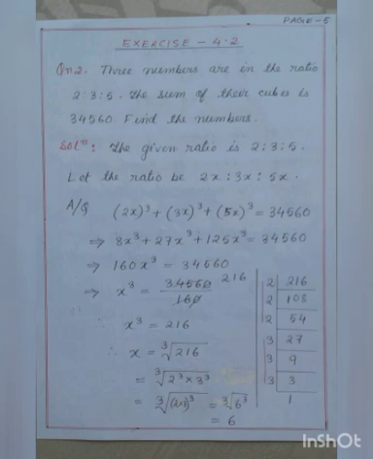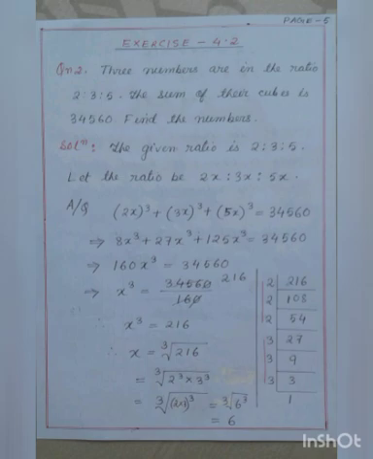Let the numbers be 2x, 3x, 5x. According to the question, (2x) cube plus (3x) cube plus (5x) cube is equal to 34560. (2x) cube is 8x cube, plus (3x) whole cube is equal to 27x cube, plus (5x) whole cube is equal to 125x cube, equal to 34560.